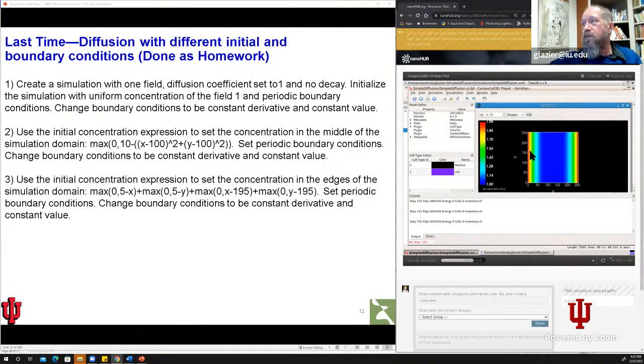What if instead of making the values at the boundary bigger than 1, I made them less than 1? I can do that in the model editor. I could make this now 1/2. Let's make it 0.